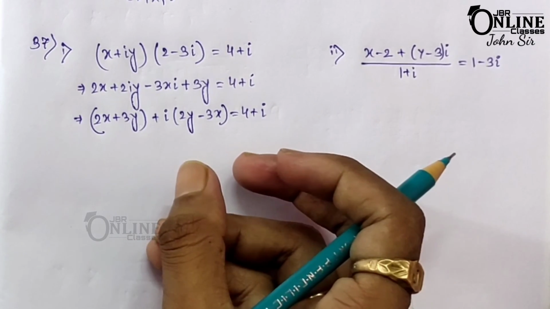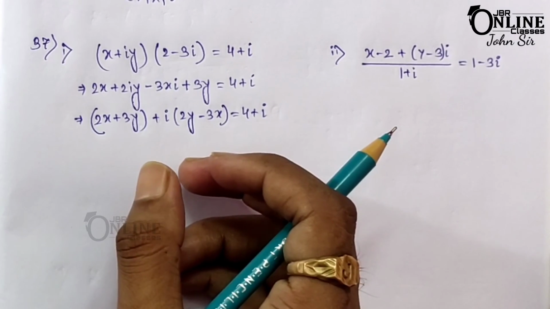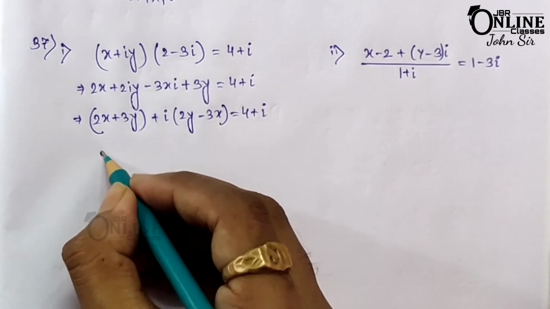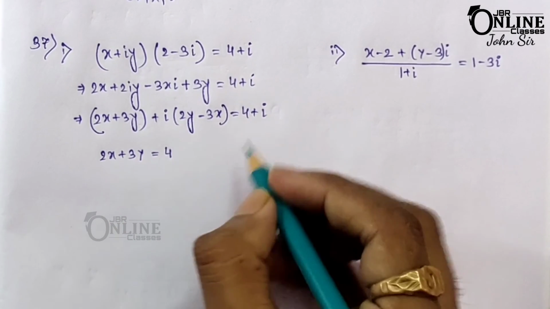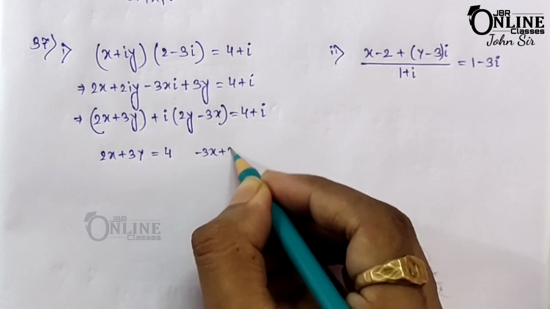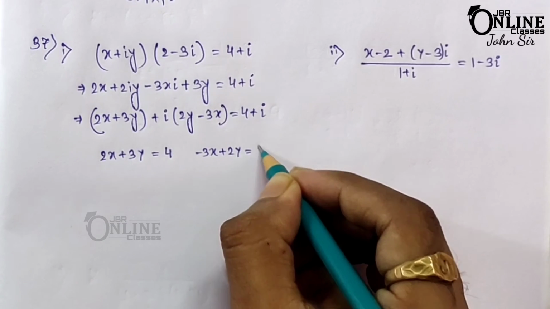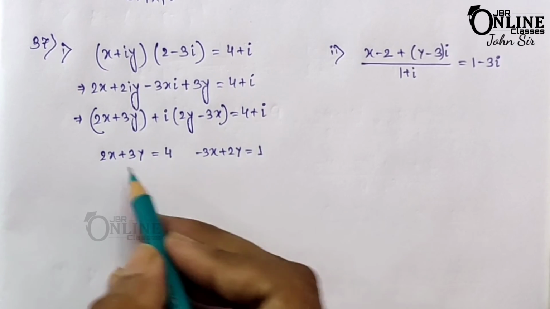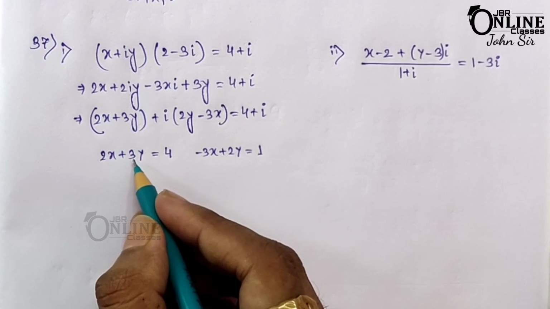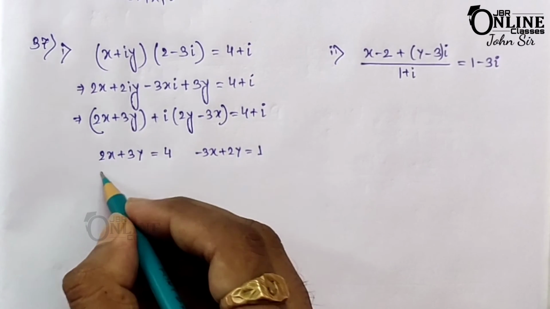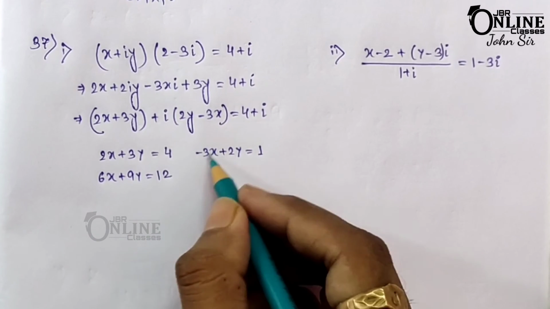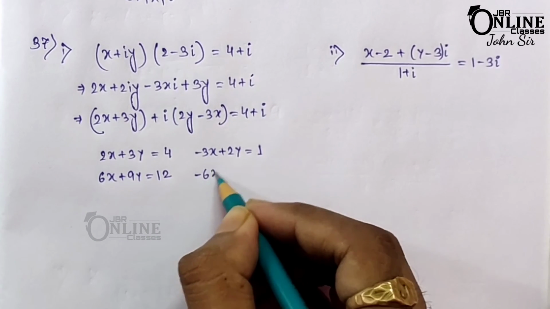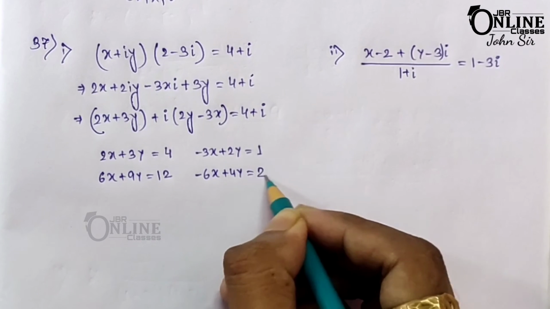So now if you compare both sides, you will get 2x plus 3y equals 4, and the next one, minus 3x plus 2y equals 1. Okay, so now if you multiply this one with 3, you will get 6x plus 9y equals 12, and if you multiply this one with 2, you will get minus 6x plus 4y equals 2.